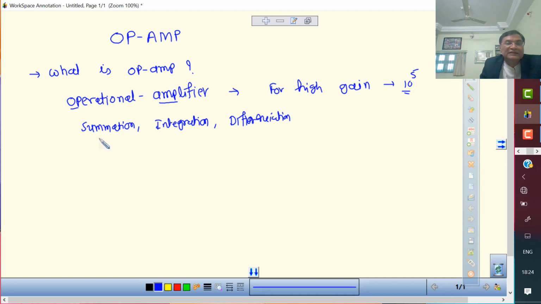So it performs the mathematical operation, so the word used is operational amplifier.